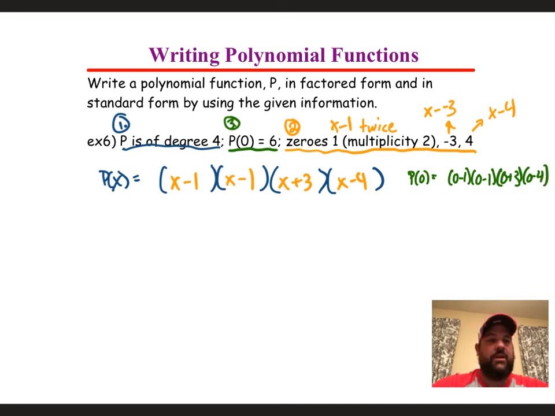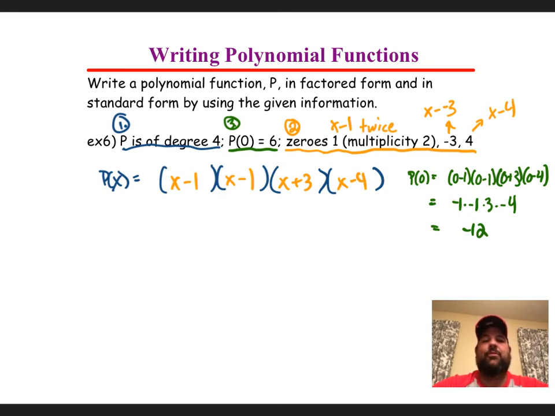So that would give us negative 1 times negative 1 times 3 times negative 4, which actually gives me negative 12. Here's the problem. I want to end up with positive 6.